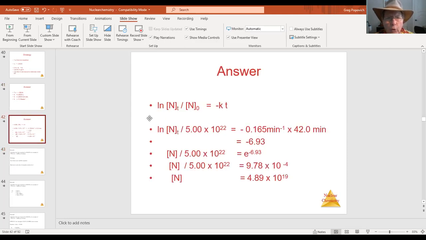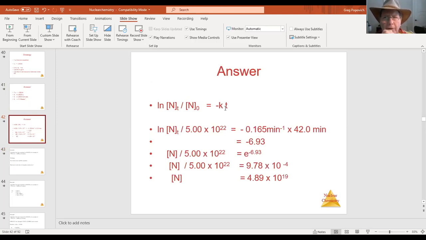When I give you this expression, log of N_t over N_0, is that the amount of nuclides left, or is that the amount converted? That's the amount at time t. That's what the N_t stands for, the N left at time t.